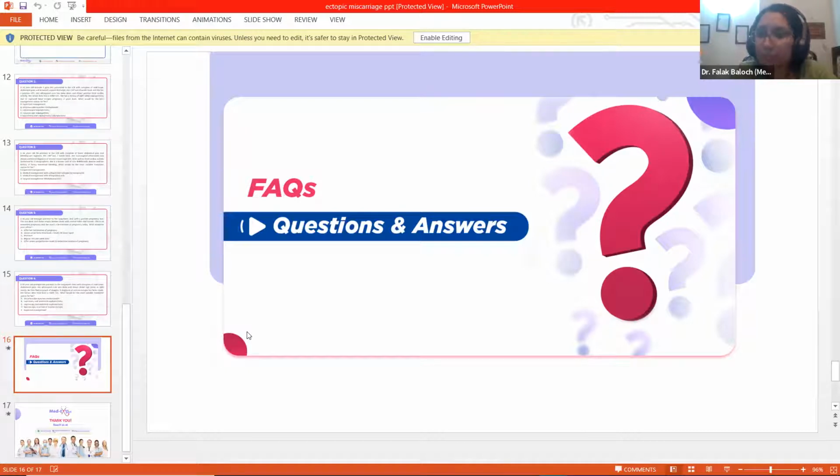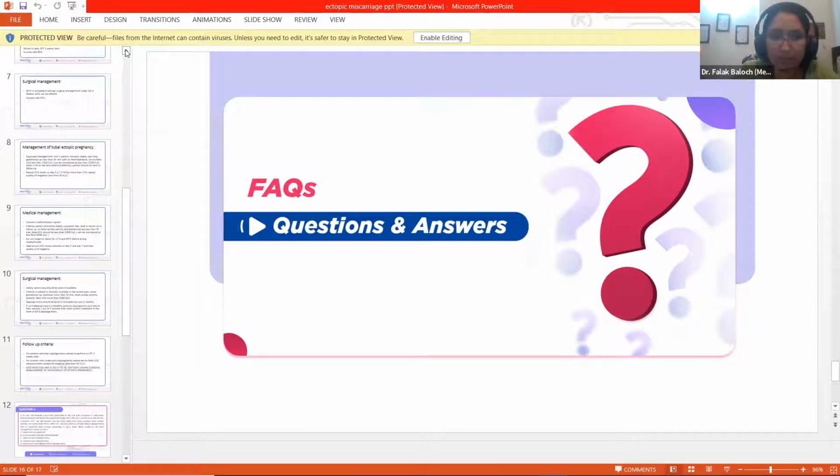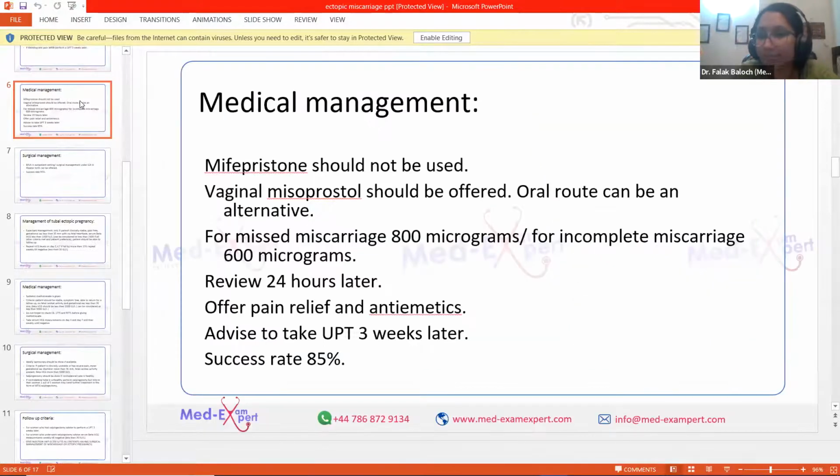For miscarriage, you simply give misoprostol. The dose for missed miscarriage is 800 micrograms. For incomplete miscarriage, it is 600 micrograms. Preferably, you give it vaginally. Oral can be an alternative. If the patient wants oral, you can give oral, but it has some side effects. It can cause diarrhea, vomiting, pain.